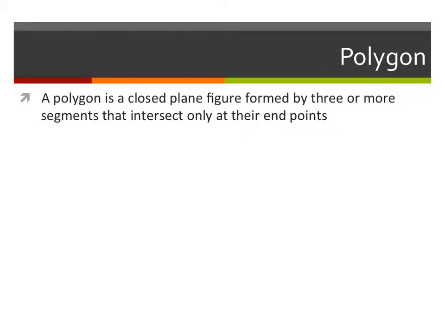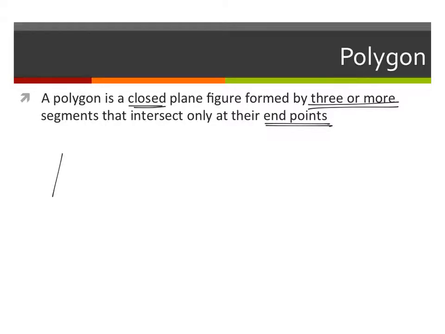Here's a definition of a polygon. A polygon is a closed plane figure formed by 3 or more segments. So it's important that it is a closed plane figure that has 3 or more segments, and they intersect only at their endpoints.